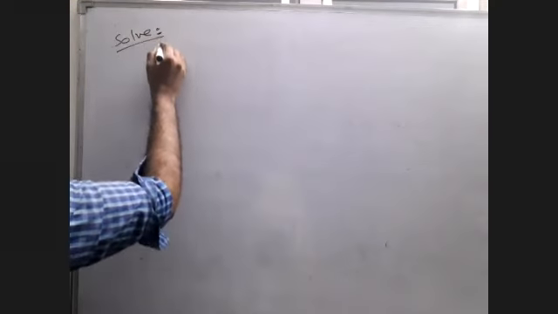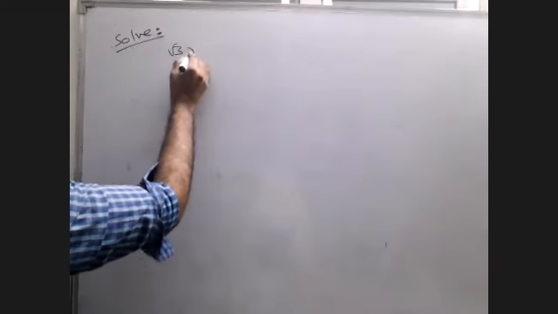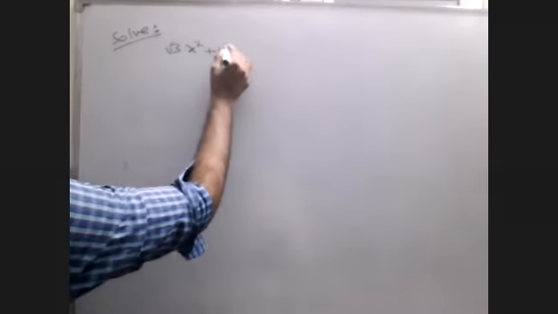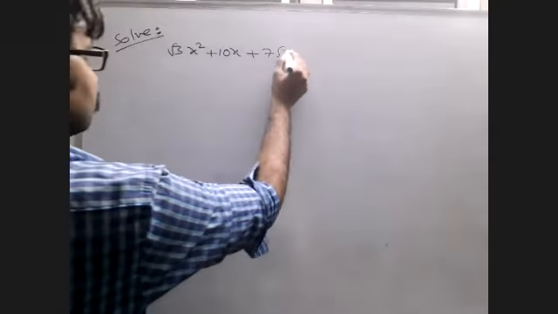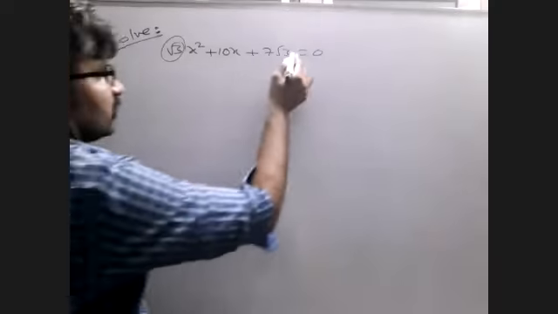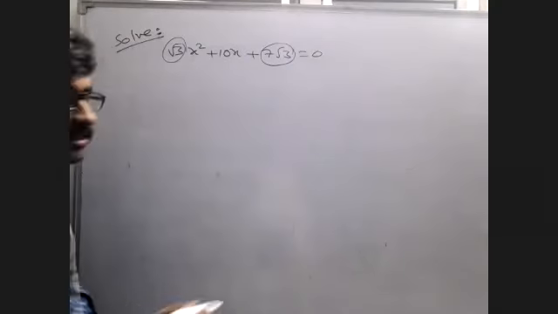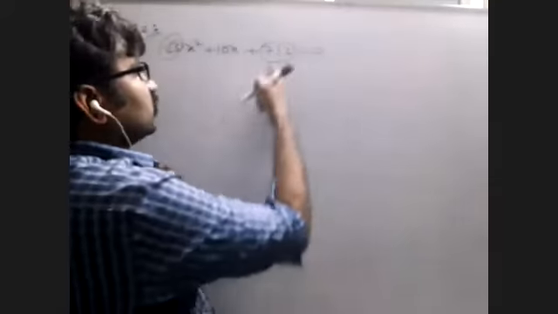Example 7, this is root 3 x square plus 10x plus 7 root 3 is equal to 0. We have to find the solution. I mean, we have to solve this and find what are the values of x. Okay, see here, the coefficient here is root 3 and the coefficient here 7 root 3. Now we should multiply these two.